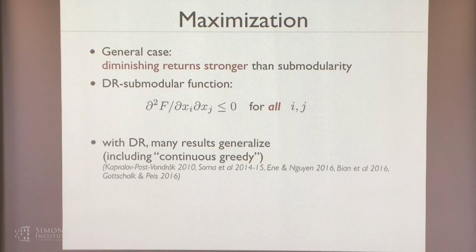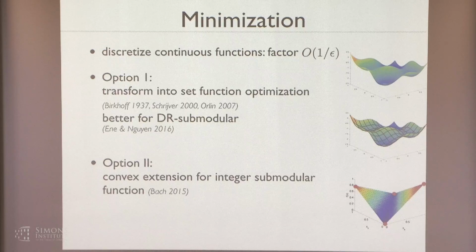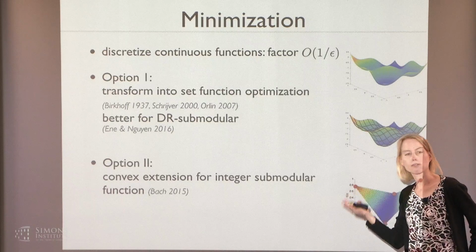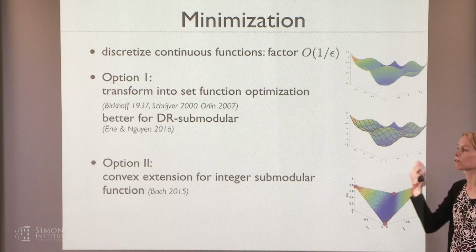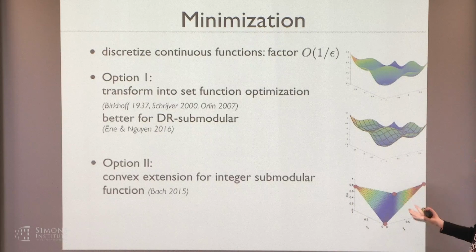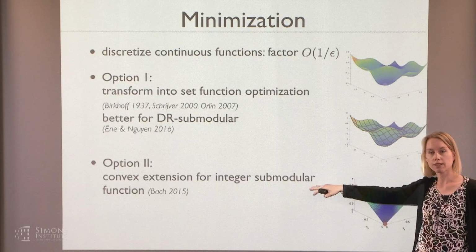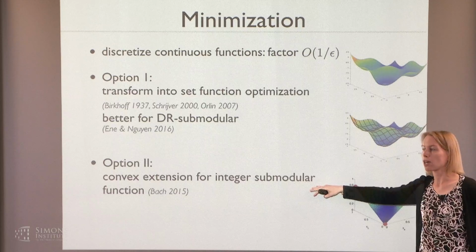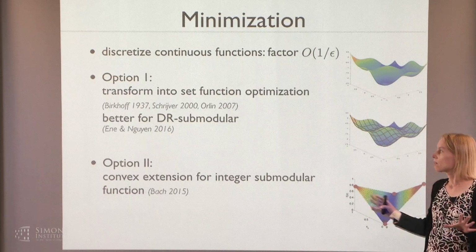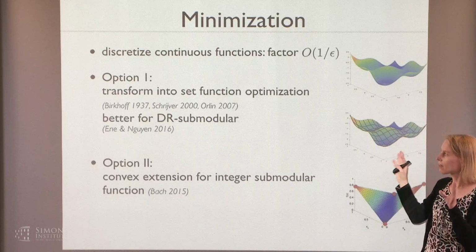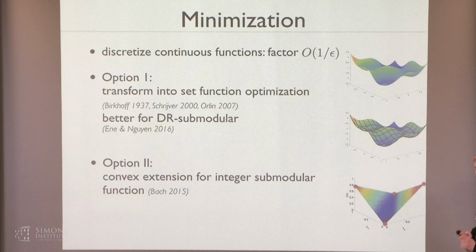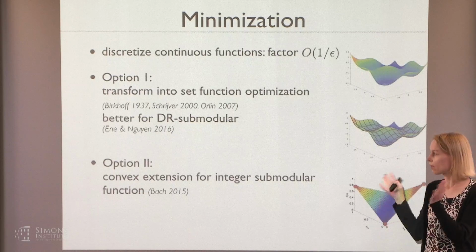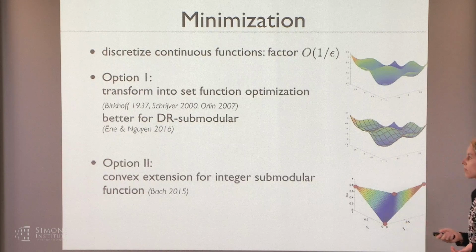For minimization, you cannot do exact continuous optimization, at least I don't know of anything, but you can discretize it, and once you have discretized it, you can use all the ideas from discrete optimization. For example, you can generalize the Lovász extension to this case. With a bit more effort, it becomes a more complex distribution. The coupling is done via optimal transport, but essentially you get a convex extension out, and you can do exact optimization for that convex extension.